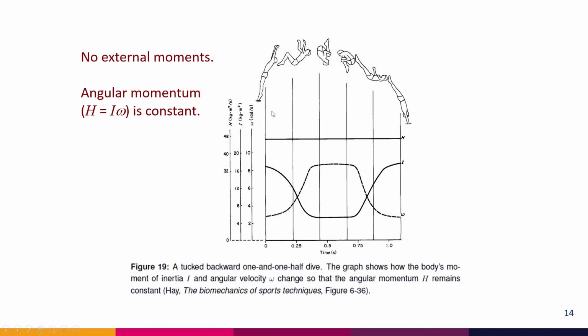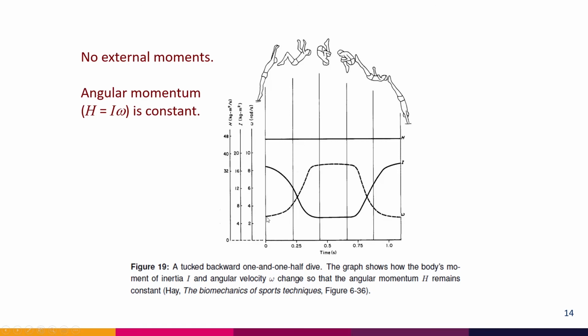So we know that when the body is flat out here, spinning about an axis through the middle, I is relatively high. During the tuck, I is at a lower value, and then extending the body out, I increases again. To keep H constant, omega has to change.